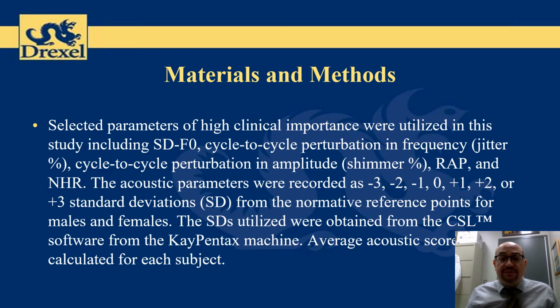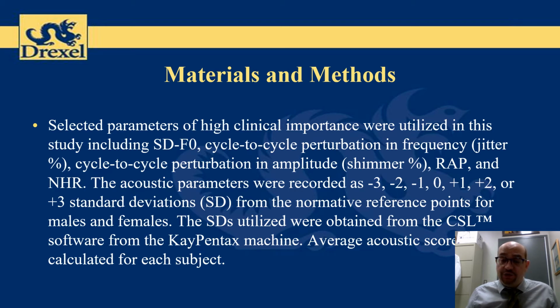The acoustic parameters were recorded as 0, +1, +2, +3, or -1, -2, -3 standard deviations from the normative reference points for males and females. The standard deviations utilized were obtained from the software from the K-Pentax machine.